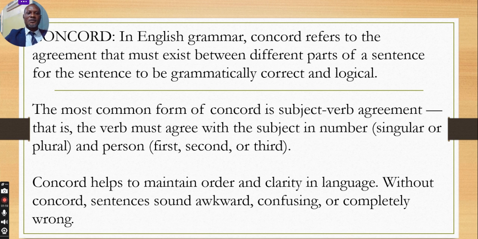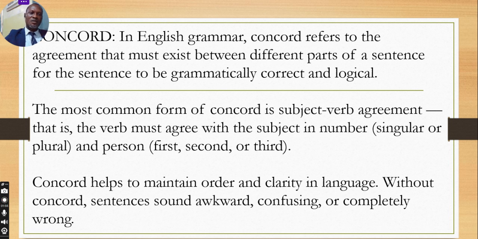Right? In English grammar, concord refers to the agreement that must exist between different parts of a sentence. For the sentence to be grammatically correct and logical, the rule of concord has to be applied when speaking. The most common form of concord is known as subject-verb agreement. That is, the verb of a sentence must agree with the subject in that particular sentence in terms of number.